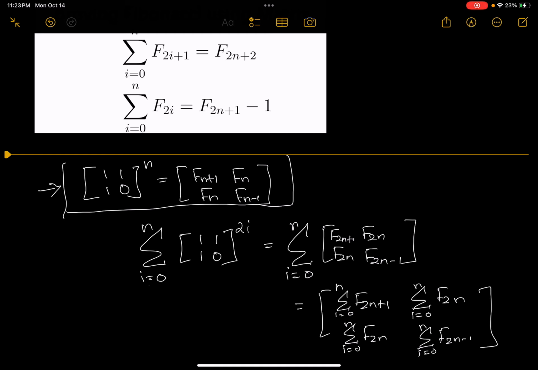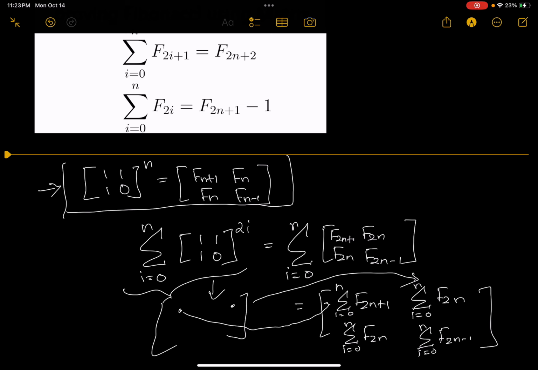Now, if I am able to evaluate this sum using a geometric sequence or something like that, and I compare the second element in this matrix, I will get my required answer, right? And if I compare the first element in the matrix, I will also get the first answer. Both can be obtained from the same calculation that we are doing here.